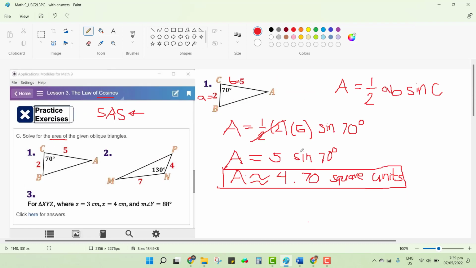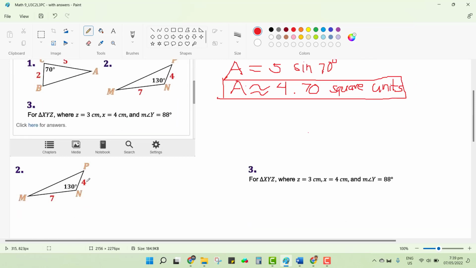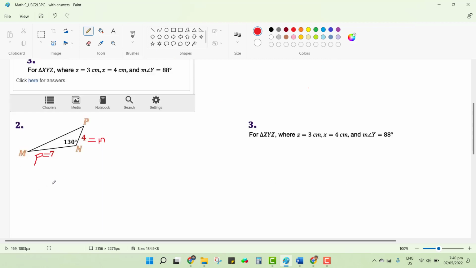So instead of this formula, let's try to adopt the same concept here, as we know that 7 here is the value of the small letter p, as this is opposite angle P, and 4 here is actually your m. So we will have here a formula which is the area equal to 1/2 the product of the sides.